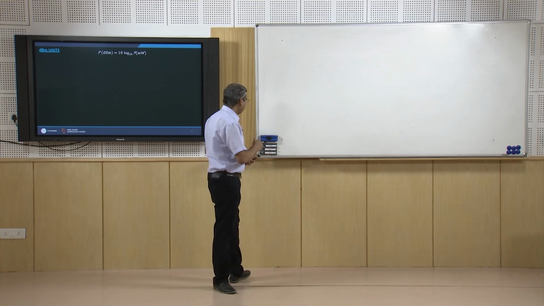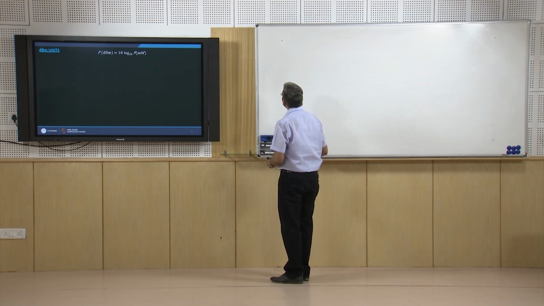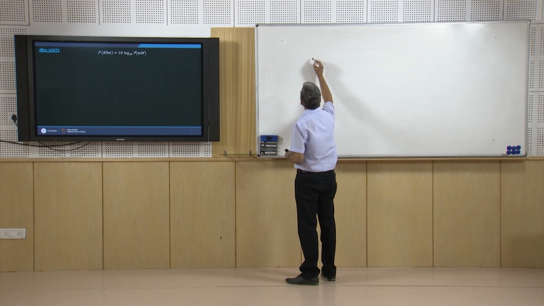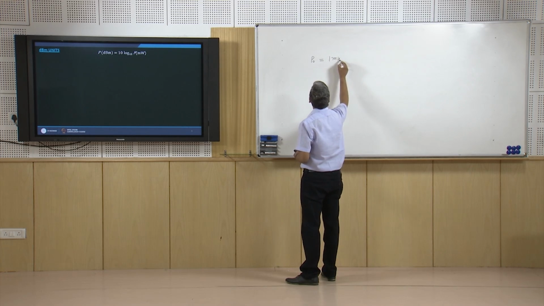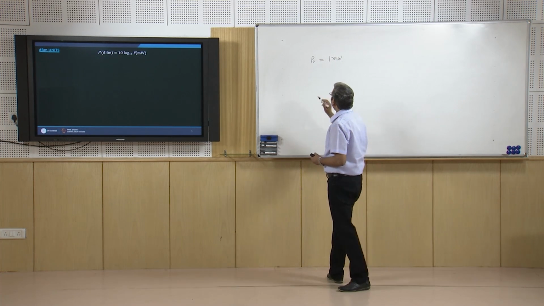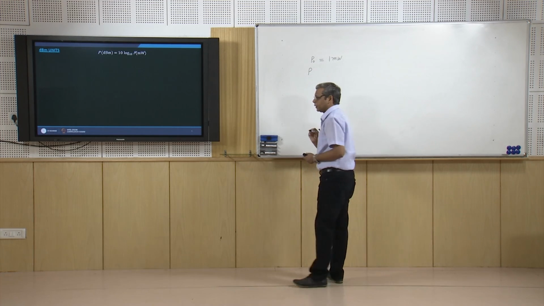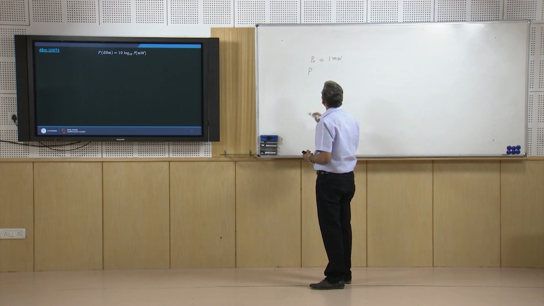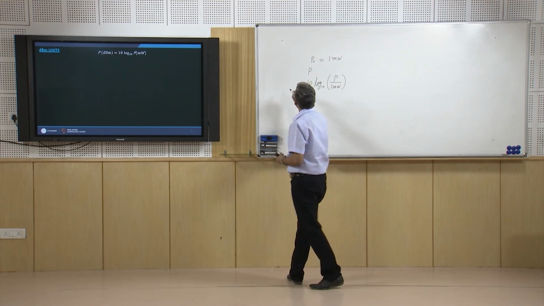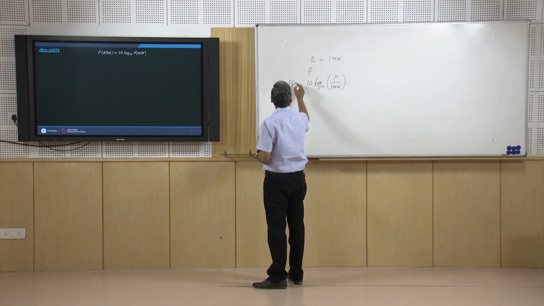For example, if I take a reference P0 of 1 milliwatt, then whatever power I want to represent in dBm, I can take with reference to this. So, I take the ratio of this P with my 1 milliwatt and then take its log at base 10 multiplied by 10, and it becomes power in dBm units.